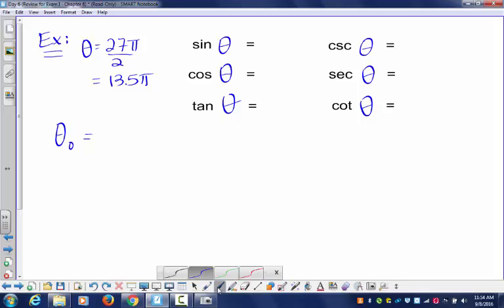The first coterminal angle down would be 11.5 pi, and then 9.5 pi, 7.5 pi, 5.5 pi, 3.5 pi, 1.5 pi. So 1.5 pi is 3 pi over 2. Do you agree with that?